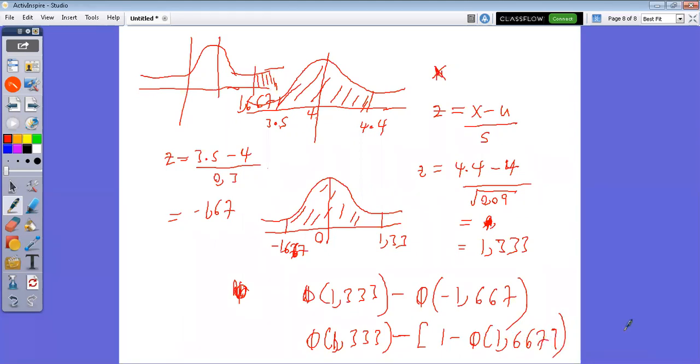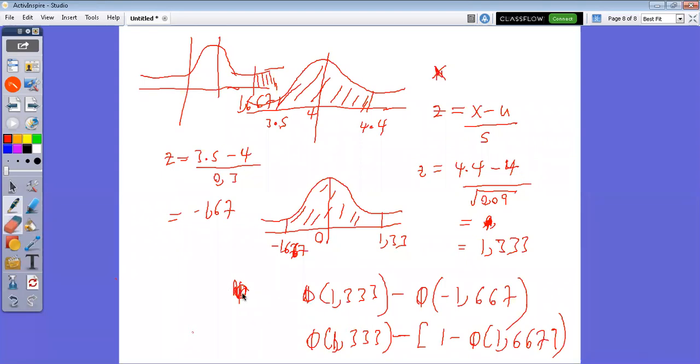That's what I meant. That's clear then? Makes sense? So can you find this? What values do you get there? 1.33 from your calculator. Let's see if you get an answer close to what I have here. Phi of 1.33. What do you get?